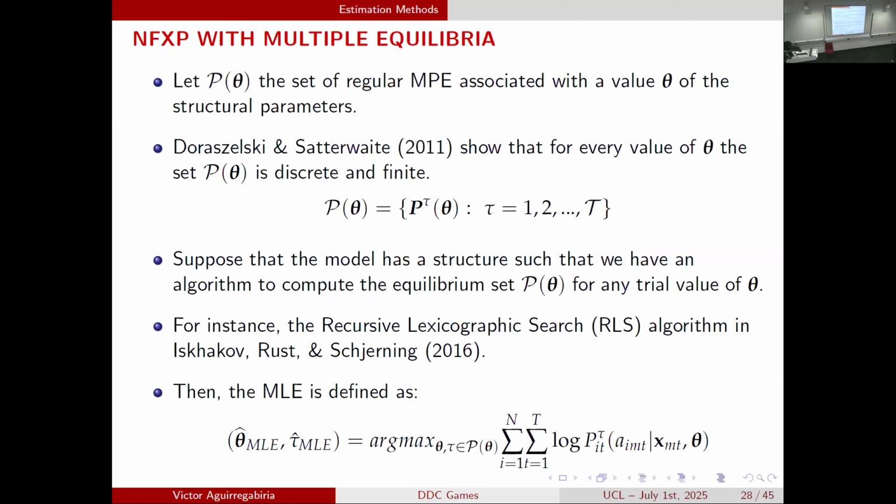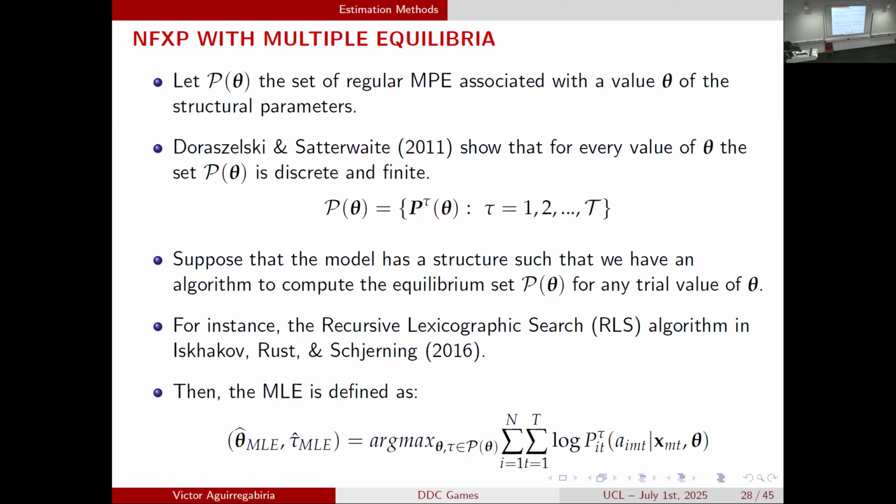Let me use calligraphic P to represent, for a given value of theta, all the different Markov perfect equilibria, the vectors of CCPs that are Markov perfect equilibria for this particular value of theta. What I'm trying to argue here is, despite having multiplicity of equilibria, the maximum likelihood estimator is well defined.